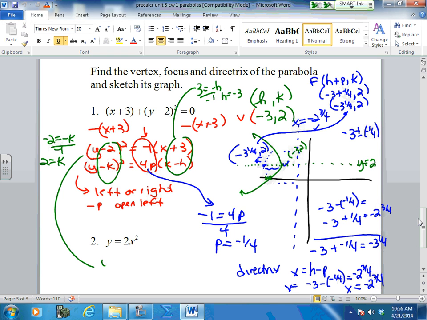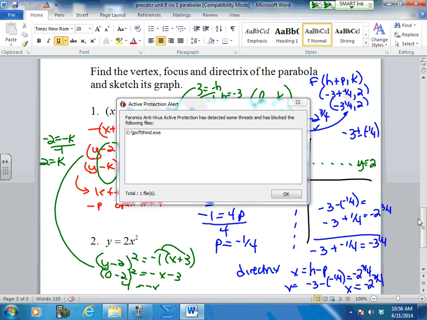Sometimes it's easier to take this equation and set y equal to 0, because on that x-axis, y is 0. So if I plug a 0 in here, I'll distribute this, make it easier. I distributed this, get rid of your parentheses. So a negative 2 squared is 4. Add 3, stay with me for a minute. So 7 is equal to negative x, therefore x is equal to negative 7.